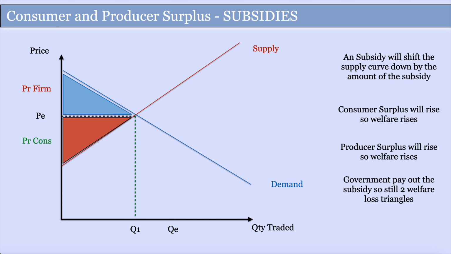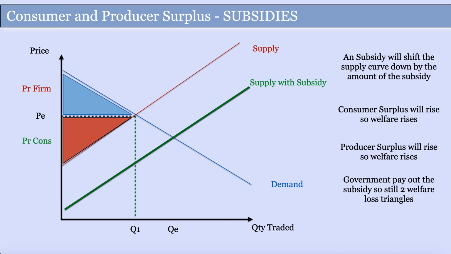Moving to a subsidy, remember what a subsidy does. It says, here is my supply curve with a subsidy, and that's basically saying at any point here, the firms are saying, I'm willing and able to supply up here, but if your government gives me a subsidy, I'll be willing and able to supply at a lower price, because I'll get that from the market, and then I'll take that subsidy, thank you very much, from the government.